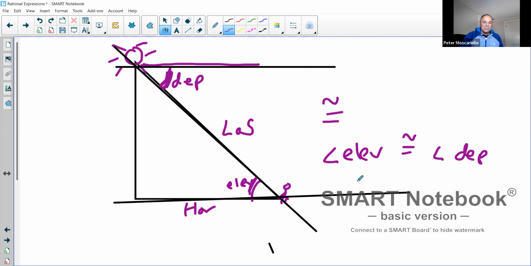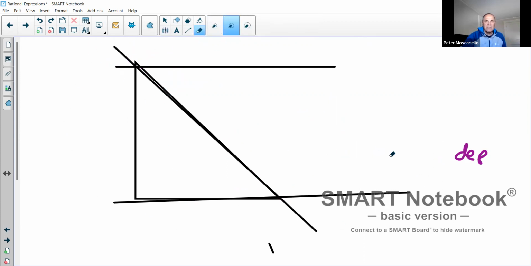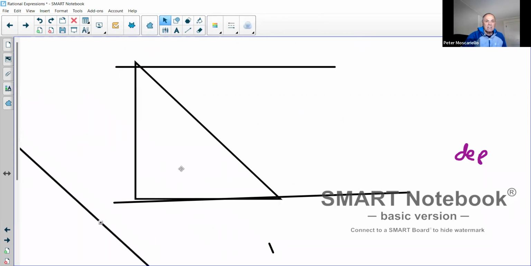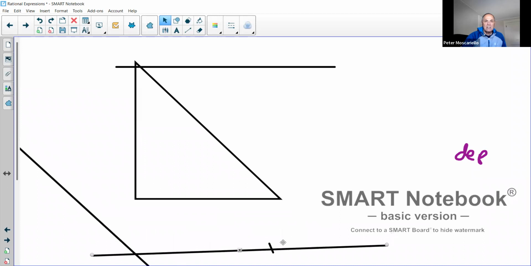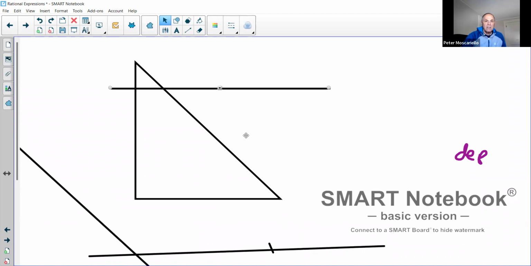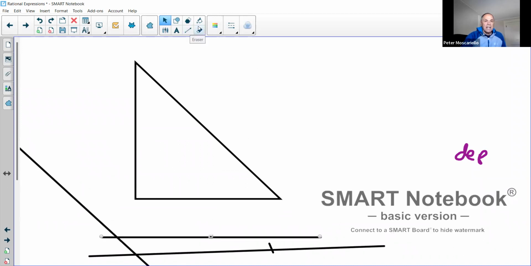That's always, always true. So in this picture here, if we were looking up at an angle of elevation of 48 degrees, the angle of depression is going to be 48 degrees because of alternate interior.